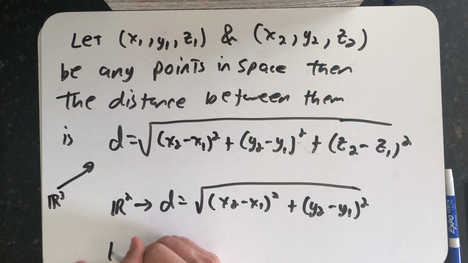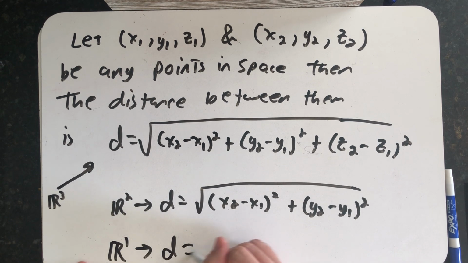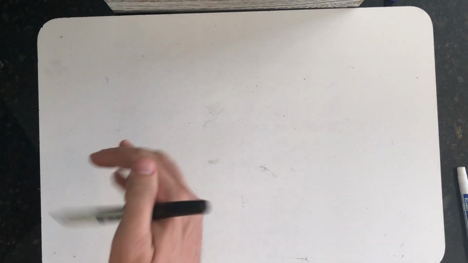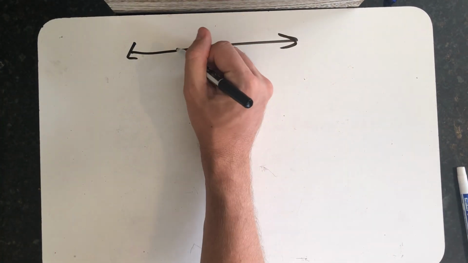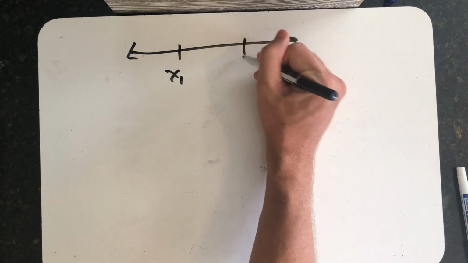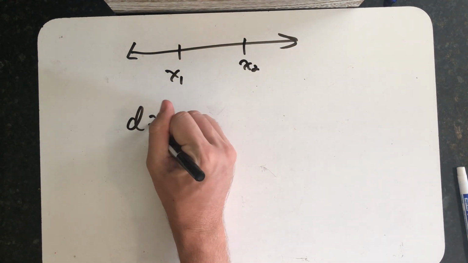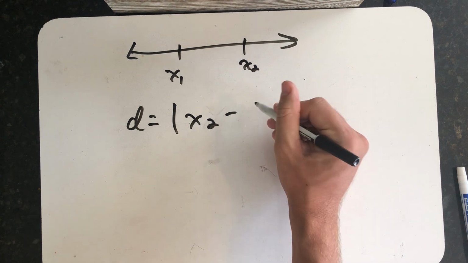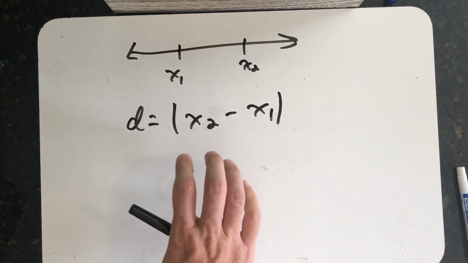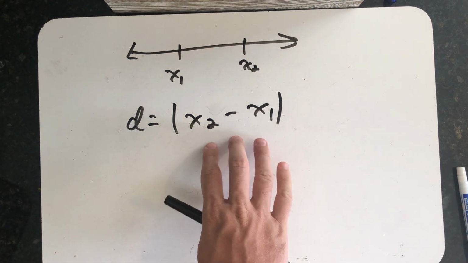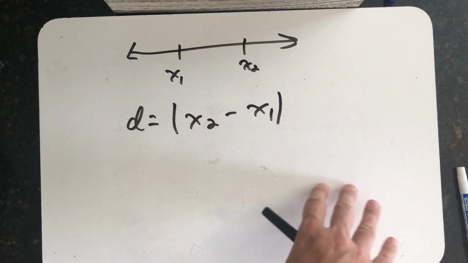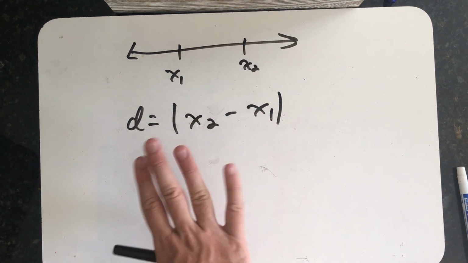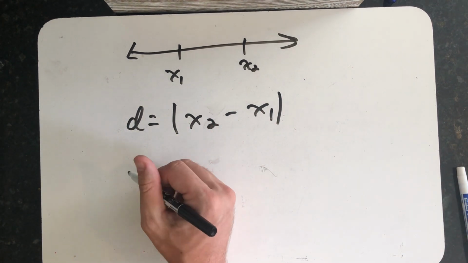And so now I'm wondering if there was secretly a formula for distances in R1 that kind of looked the same. And this is almost silly, right? But for x1 and x2 on a number line, what you really learned is that the distance formula was the absolute value of x2 minus x1. If I know which one's bigger, I just do the subtraction, but in the most general sense, I take an absolute value.